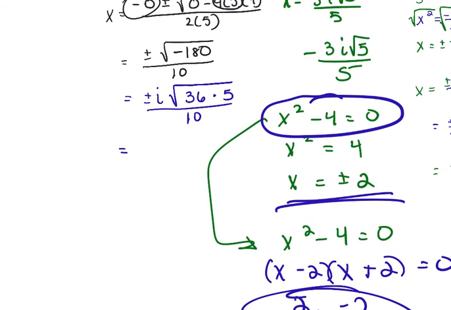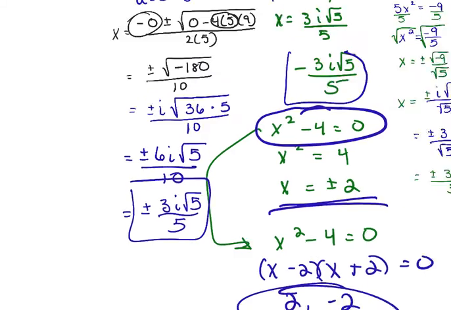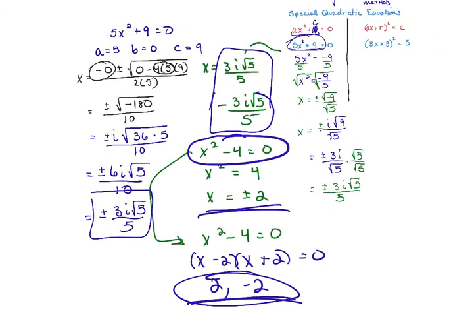And I factored it that way because I can square root the 36, which is 6. And I can see that 6 over 10 simplifies to 3 over 5. Oops, get them both in there. And you can see I got the same answers as I did before, but that's using the quadratic formula.